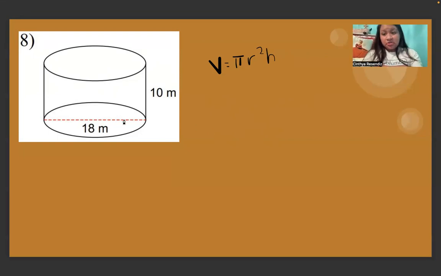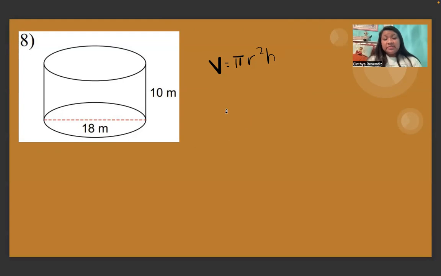So in this picture, we're given the diameter, but using our prior knowledge from this lesson and from the past classes that we've had, we get the radius by dividing this by 2, by the half. So what's the half of 18?